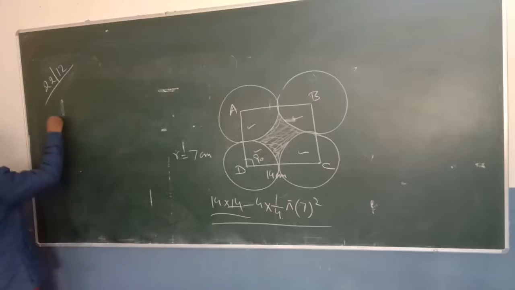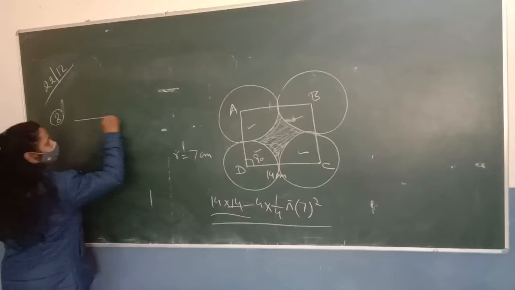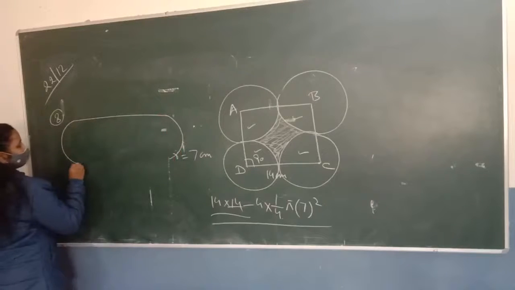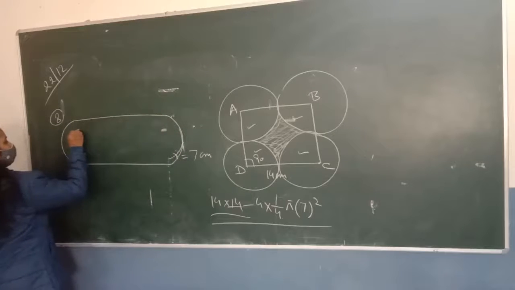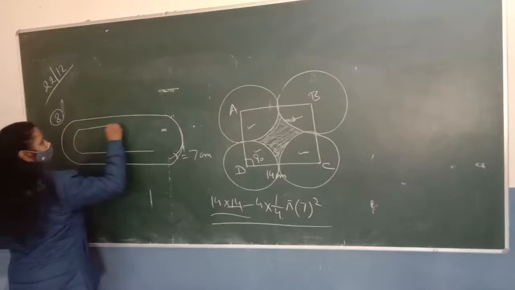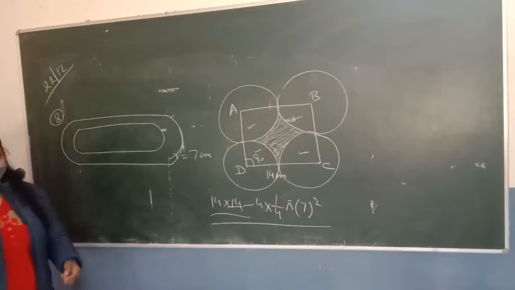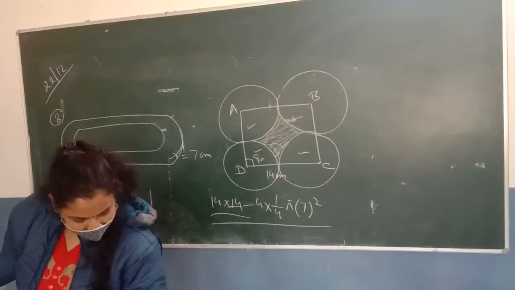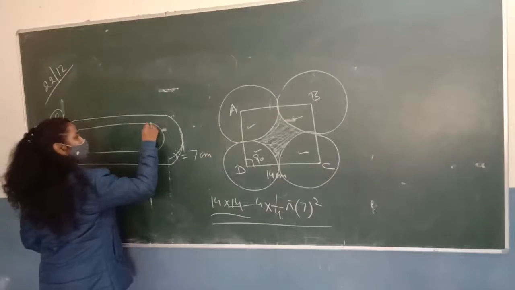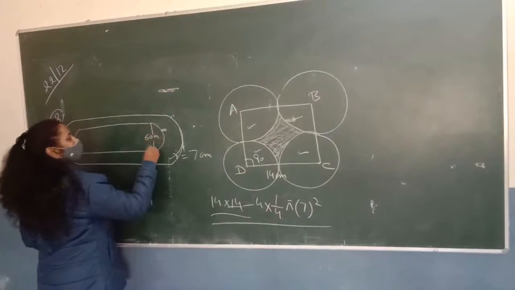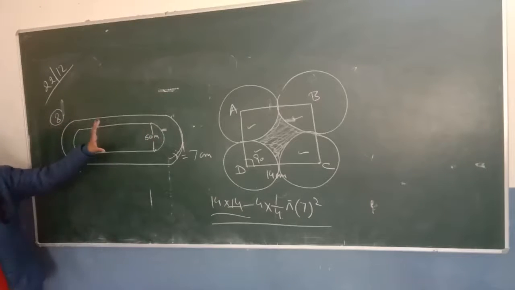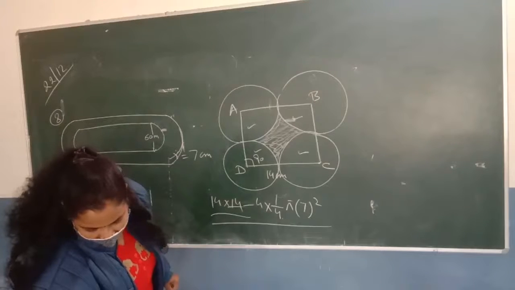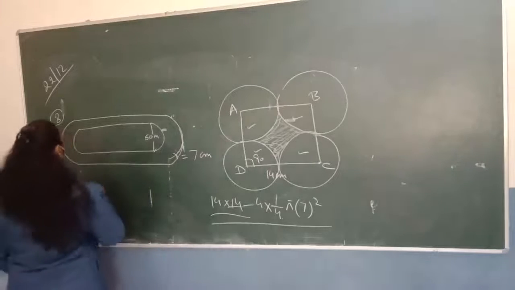Question number 8. This is an important question of the NCERT book. The distance between the two inner parallel line segments is 60 meter, and they are each 106 meter long.